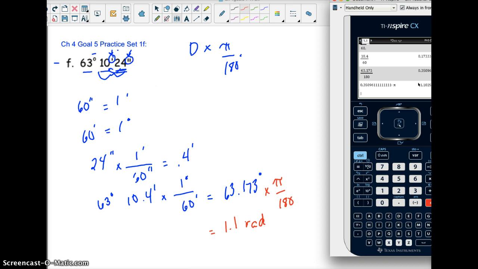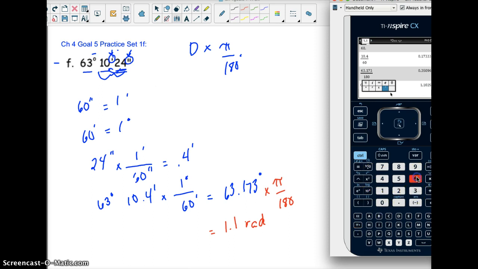All right, so how can we let the calculator convert 63 degrees, 10 minutes, 24 seconds for us? Let me show you. If you look under the pi key, you'll see that we have the degree symbol and the minute symbol. So we can use that to let the calculator convert to the decimal form for us.